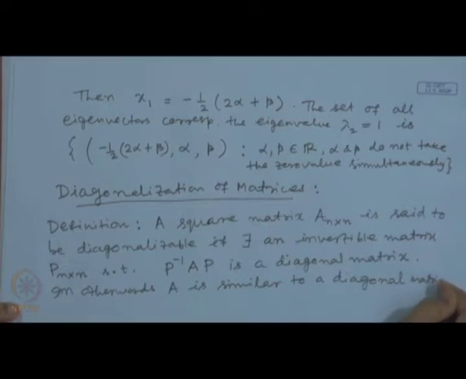Not all square matrices are diagonalizable, that is, not for any square matrix A do we get an invertible matrix P such that P inverse A P will be a diagonal matrix.